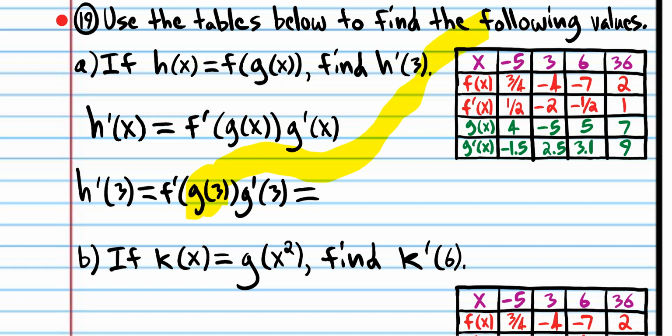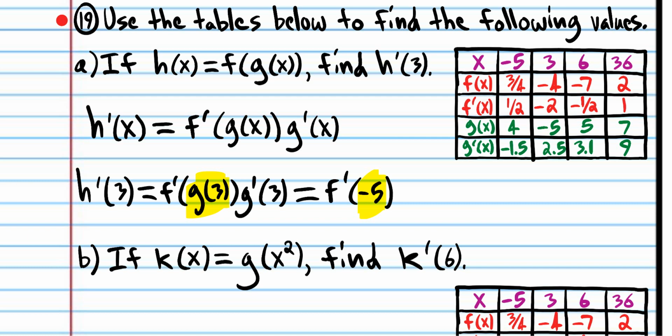So this tells us if x is equal to 3, then g of 3 is negative 5. The output of the function is negative 5 if the input is 3. So again, just to be clear, g of 3 is negative 5.